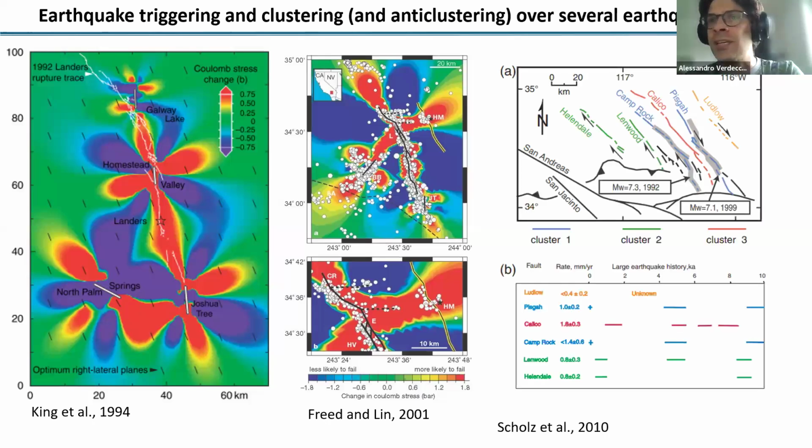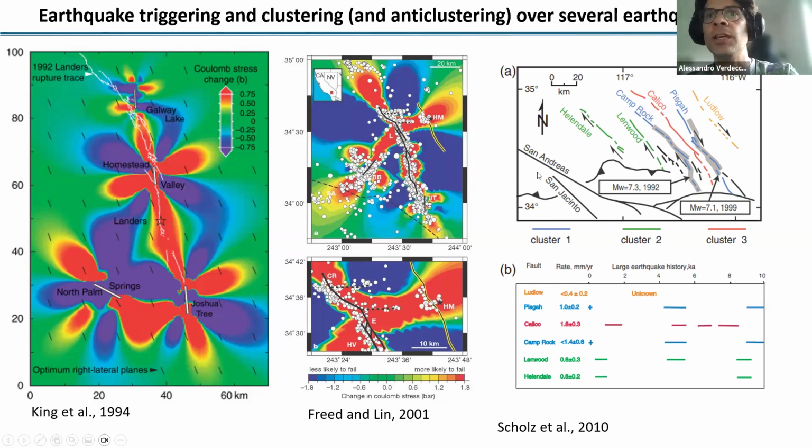If we look at the same area, at the same faults, but we only look at the paleoseismological earthquakes along these faults, something interesting appears. This is a nice work that I strongly suggest reading, from Scholz et al. 2010. It shows, from previously published data, several faults in the Eastern California shear zone.